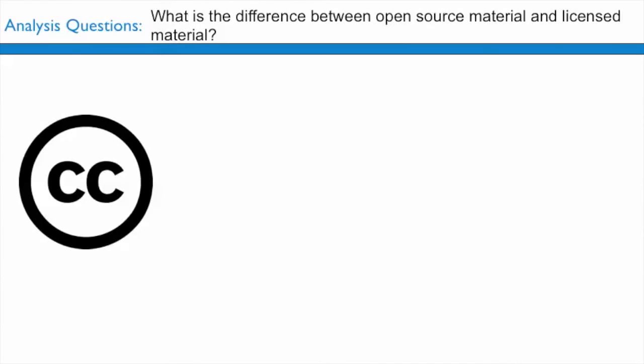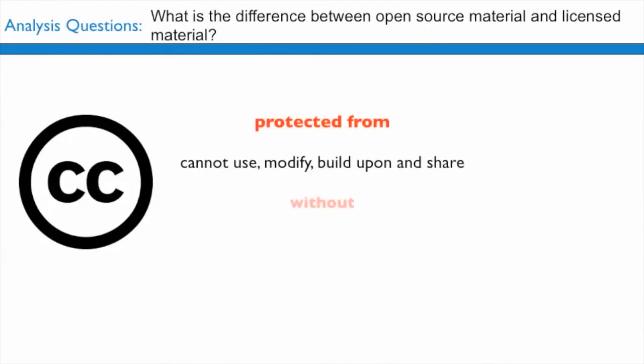What is important to note here is that if any category of creative work is created under this copyright license, it is protected in some way from the use, modification, or distribution of the original work. This is not to suggest that the materials cannot be used, but there are specific conditions under which they can, such as they need to provide consent or attribute the work to the creator, or in some cases compensation may be required.